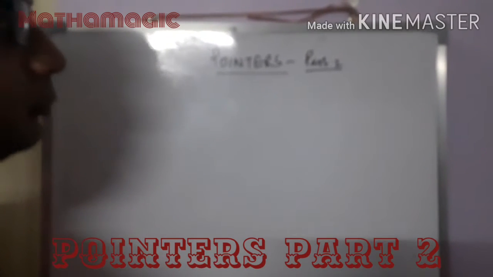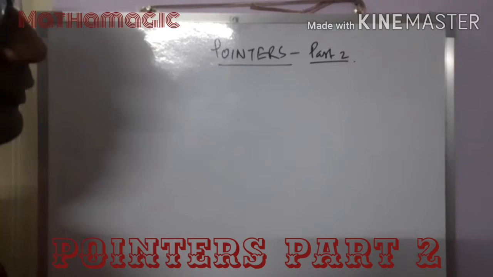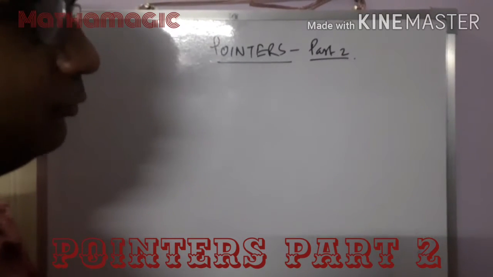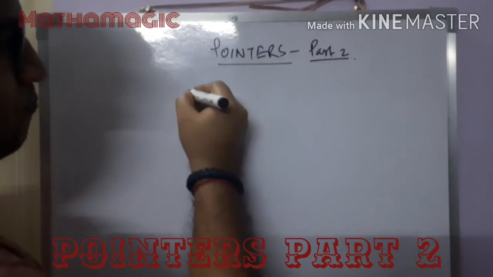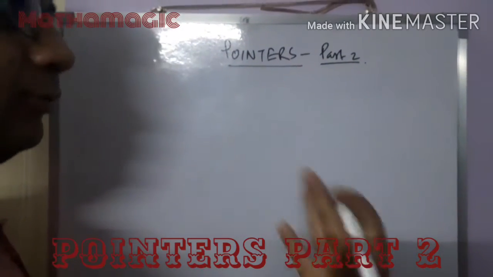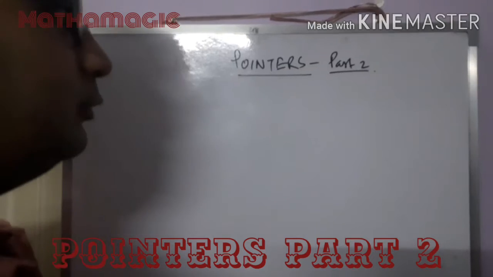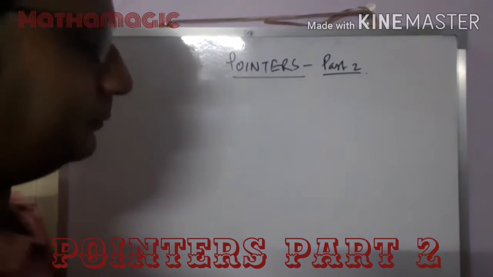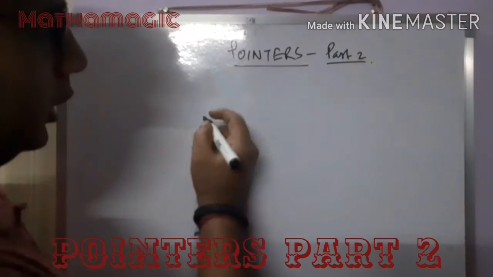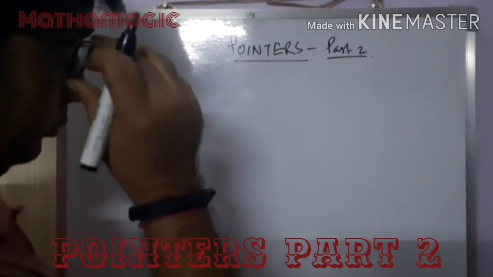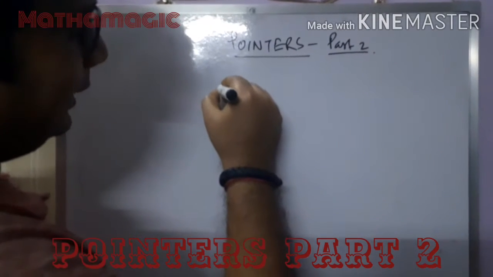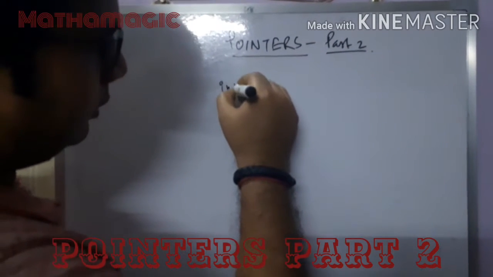The main work of a pointer variable is to store the address of another variable. We have already discussed how the values are stored in a pointer variable.